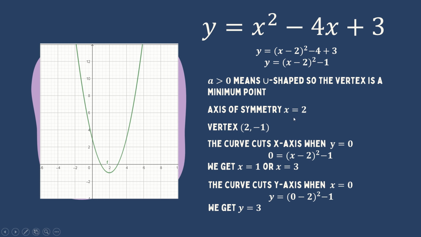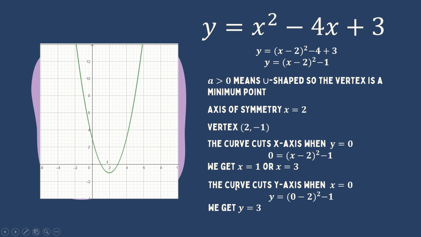2 and minus 1. And to find the points where the curve cuts the x-axis, we need to substitute y with 0. So 0 equals x minus 2 squared minus 1, and we get x equals 1 or x equals 3.